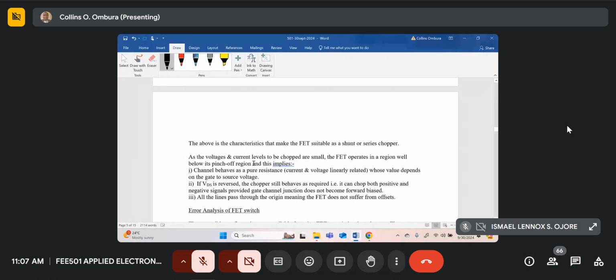Okay, I can add here, we can say it operates near the origin.